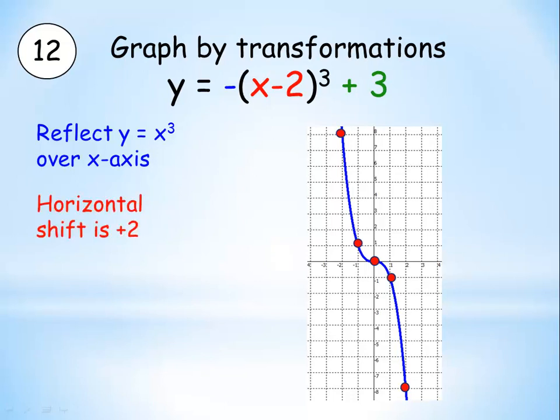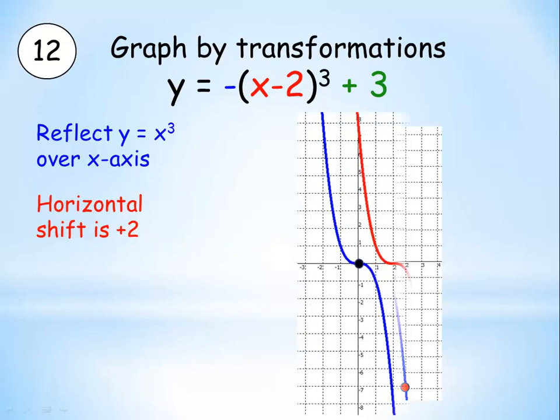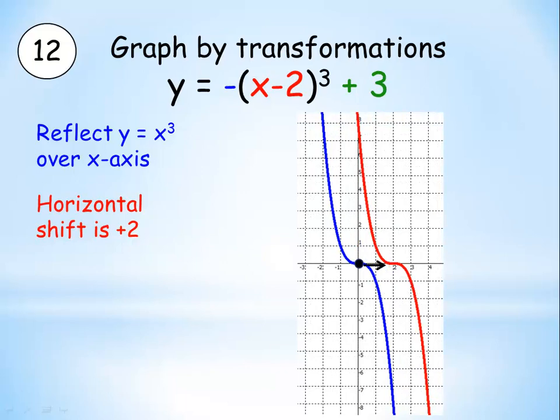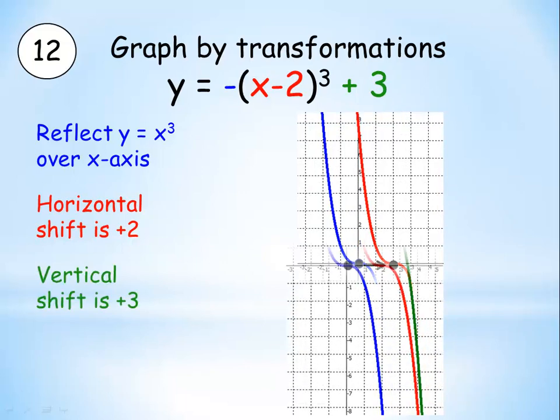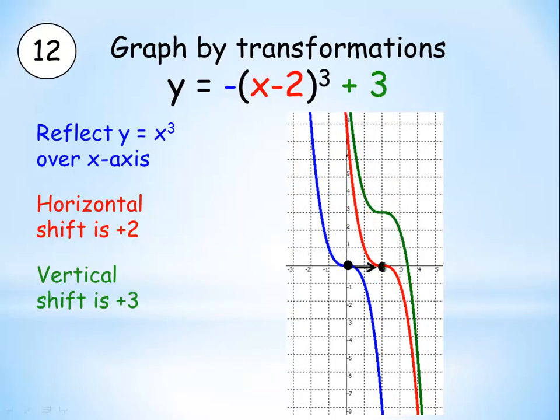Now take care of the horizontal shift, +2, and then the vertical shift, +3. So you can see by moving to the right 2 and up 3, we have the new inflection point (2, 3). And this ends our tutorial on section 2.5, Transformation of Functions.